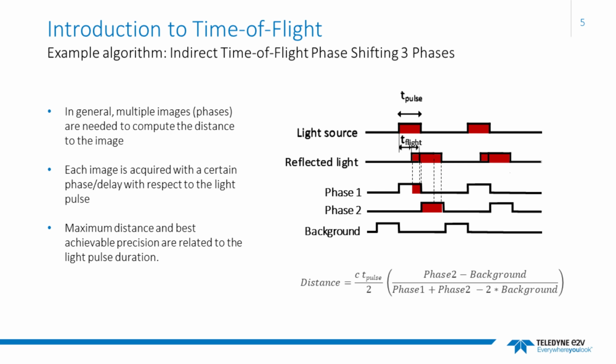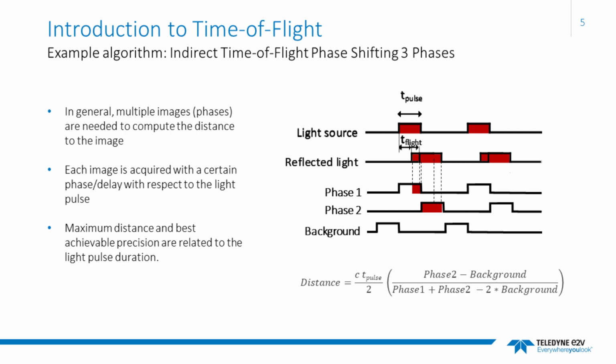Below is an example of algorithm that can be used to calculate the distance. A lot of algorithms are possible, each of them with pros and cons, but this one is quite simple and easy to understand. In the formula is the first part, speed of light multiplied by T pulse and divided by 2, as on the previous slide. The interesting one is the second part.